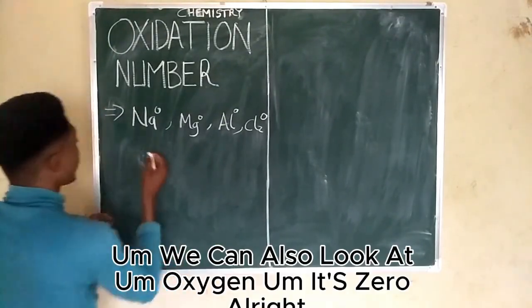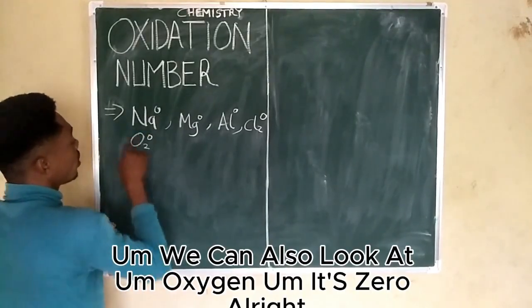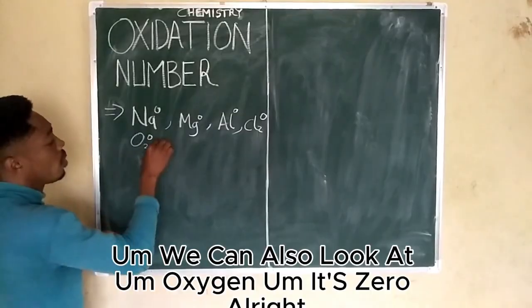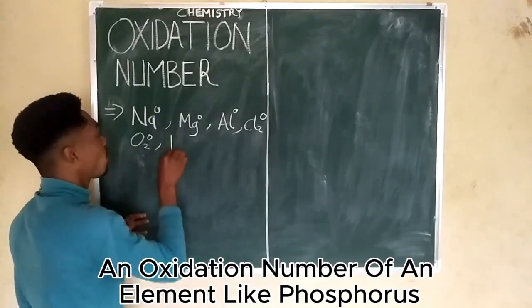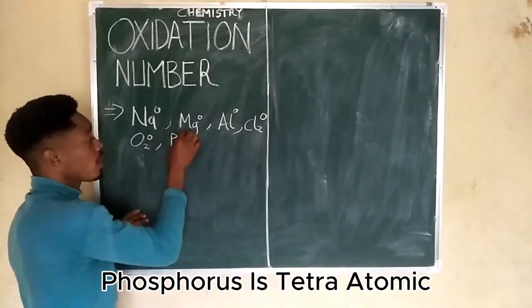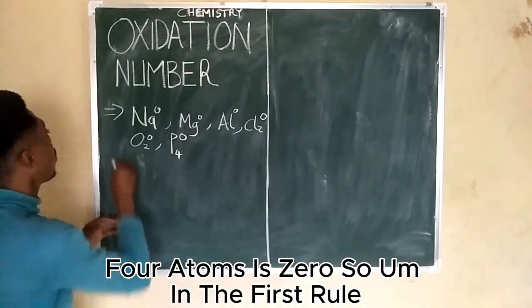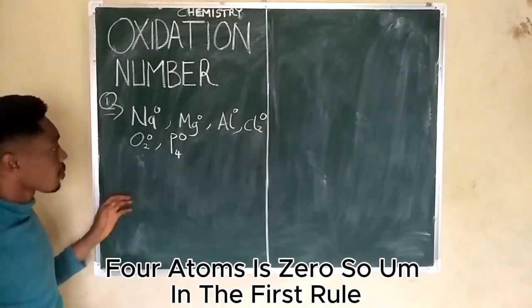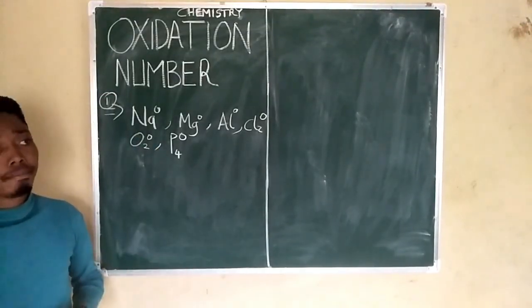We can also look at oxygen. It's 0. An oxidation number of an element like phosphorus, which is tetraatomic, P4, is 0. So in the first rule, that's rule number 1, we have that.